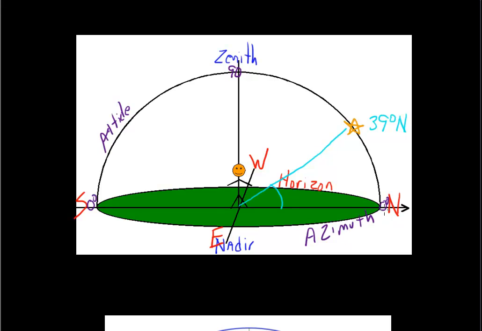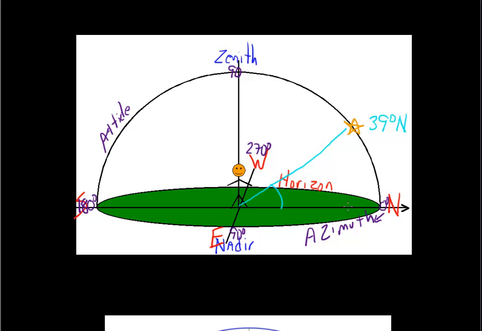It goes in a beautiful clockwise direction, where east now becomes 90 degrees, south becomes 180 degrees, west becomes 270 degrees, and north becomes 360 degrees.